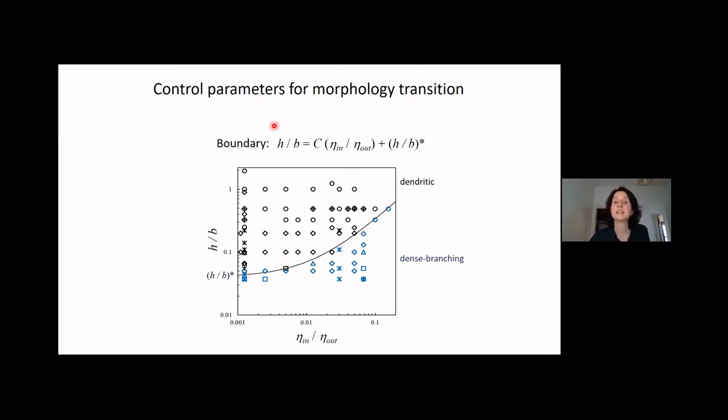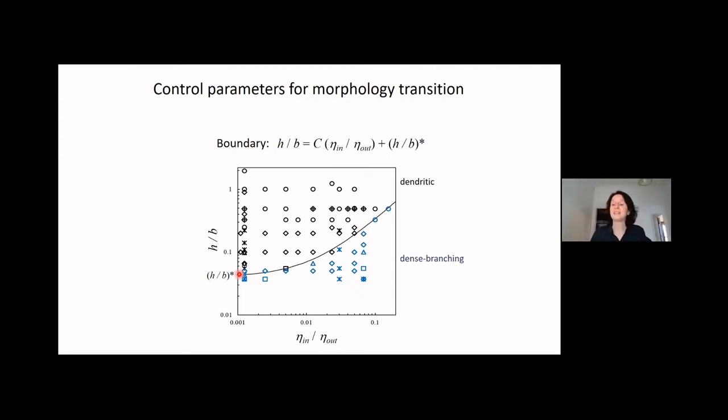So I can take the same scaling or the same functional form that I used in order to rescale all my symmetry transitions to explain the morphology transition from dense branching to dendritic growth, where here we also see where this h over b star comes from, which corresponds to the critical h over b needed in the limit of very low viscosity ratios.